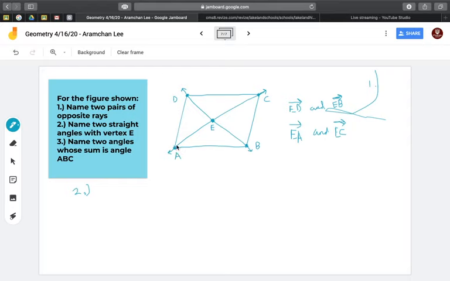So we can take angle AEC as a straight angle, and angle DEB as a straight angle.